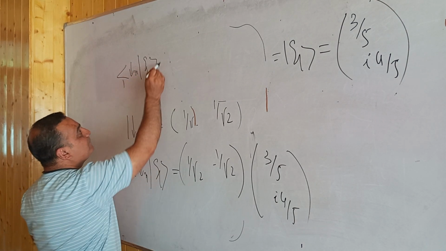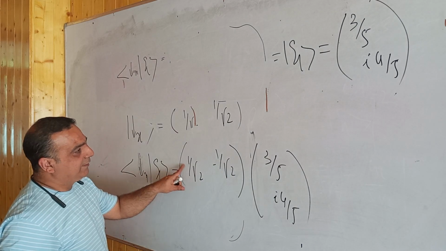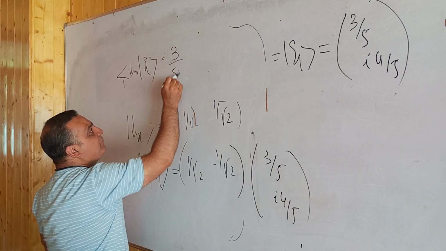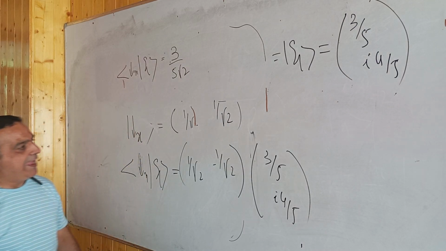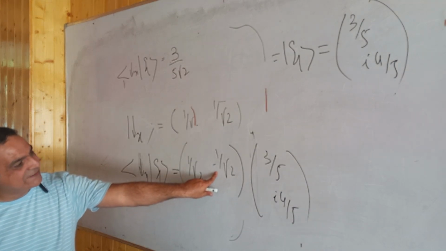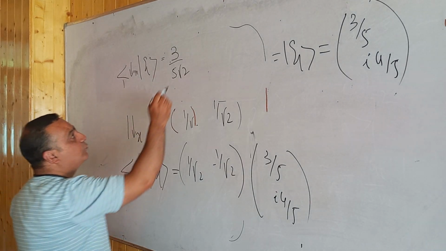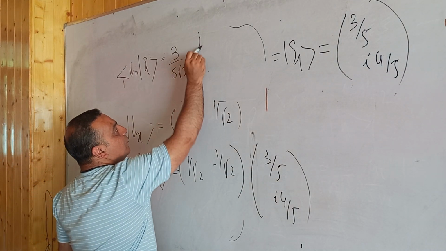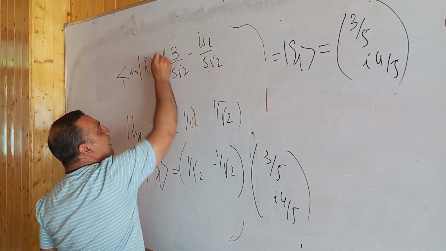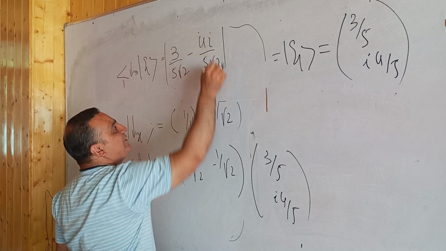This will give us 3/5√2, and the other one will give us minus 4i/5√2.